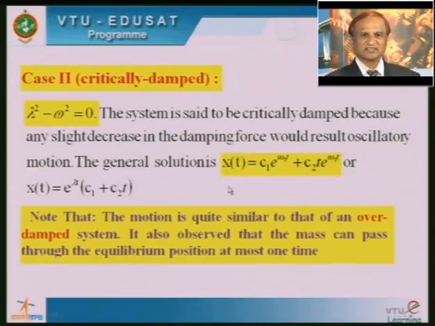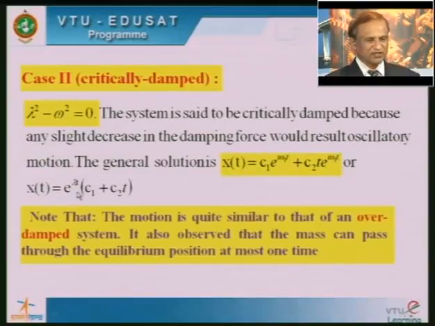The general solution is x of t is equal to C1 e to the power m1 t plus C2 t e to the power m1 t. Friends, we know that if lambda square minus omega square is equal to 0, then we get roots real and equal. In that case, we can write down the general solution in this form.